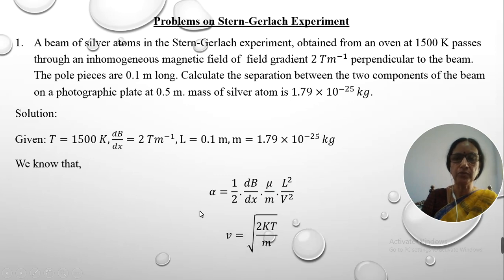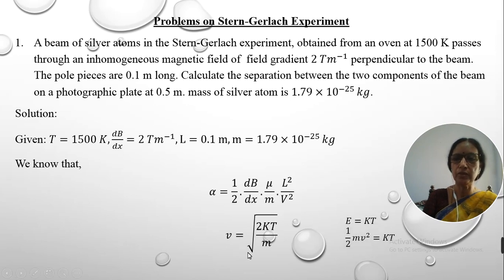Now you just take the value of this one, half kT. In the previous problem I have taken energy as half mv square. The energy also can be taken in terms of thermal energy. It is capital E is equal to kT, where k is the Boltzmann constant. So that formula I have made use of here to calculate the velocity.